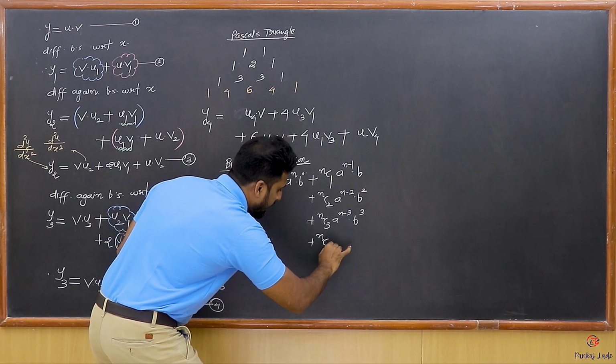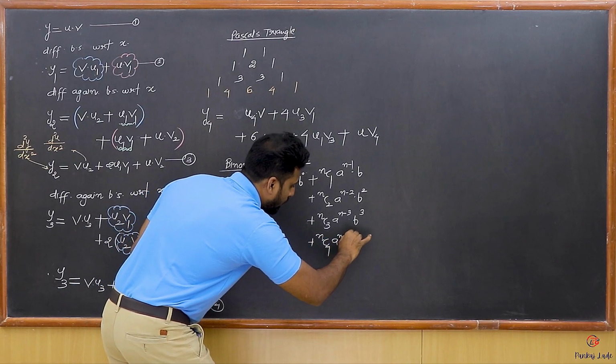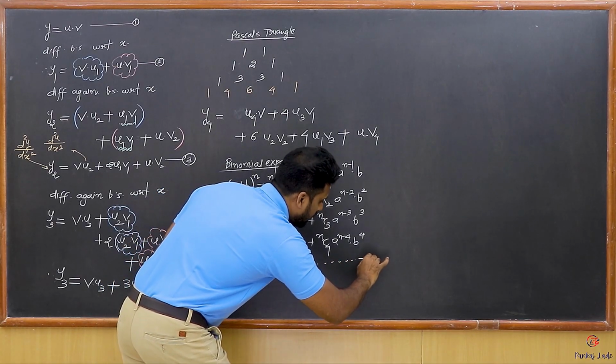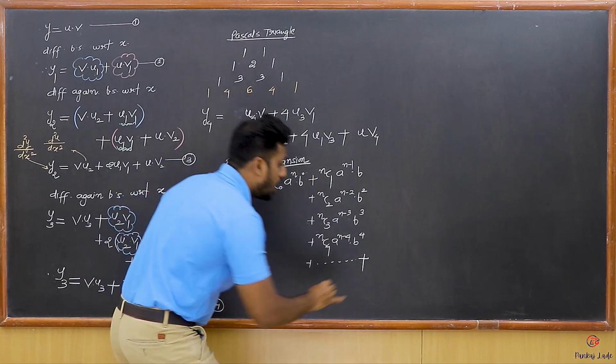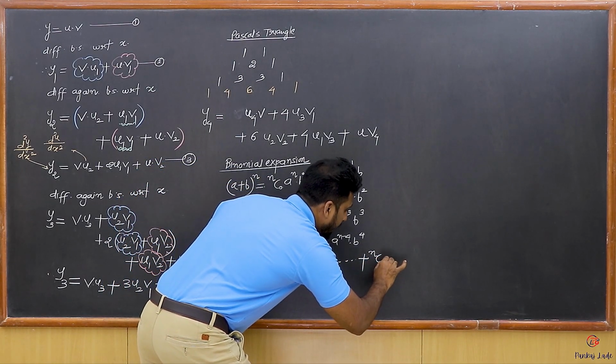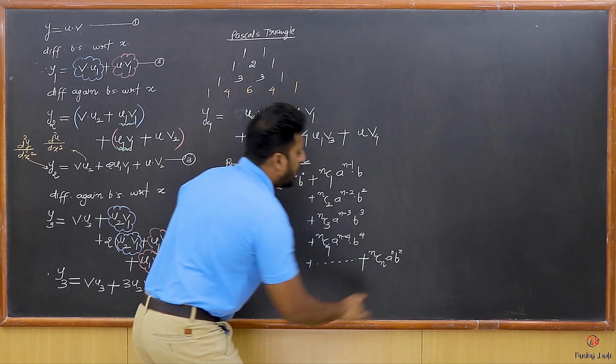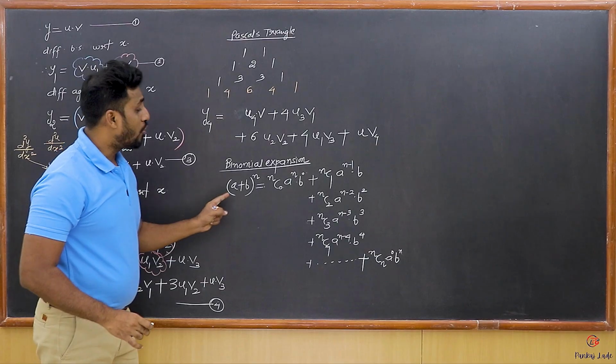Let's write one more, nc4 a raised to n minus 4 b raised to 4, and plus dot dot dot till the last term, which is going to look like ncn a raised to 0 and b raised to n.